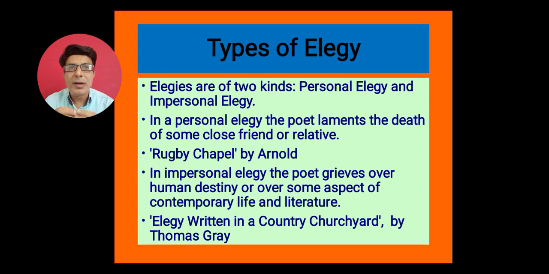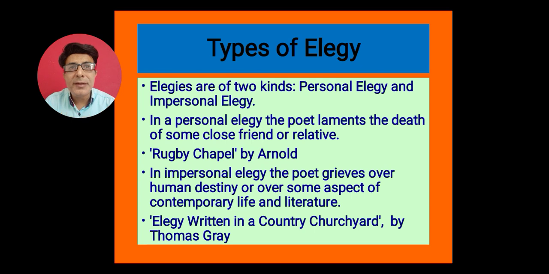The poet expresses his grief after the death of some close friend or relative. So it is a personal elegy. Why? Because the poet talks about his personal loss. Rugby Chapel is an example of a personal elegy written by Arnold.